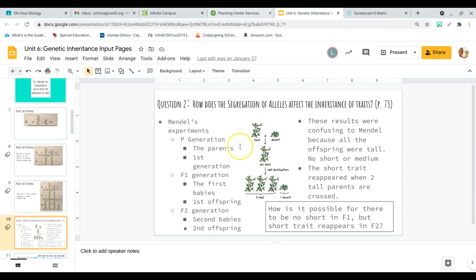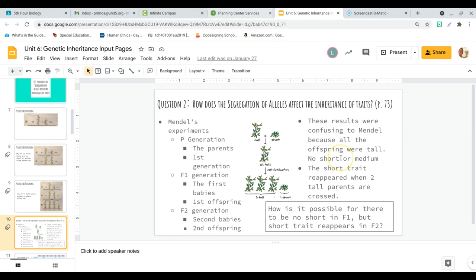But as you'll notice, these results are confusing because you've got a tall and a short plant in your P generation, and all the plants in your F1 generation come out tall. Then if you start crossing tall plants to have babies, 3 of them came out tall and 1 came out short. It was a 3-to-1 ratio. So these results were confusing to Mendel because all of the offspring were tall.